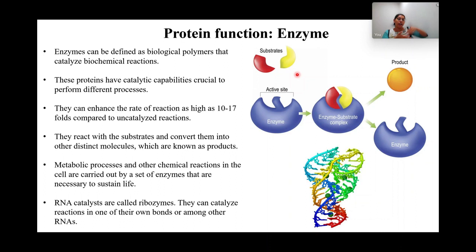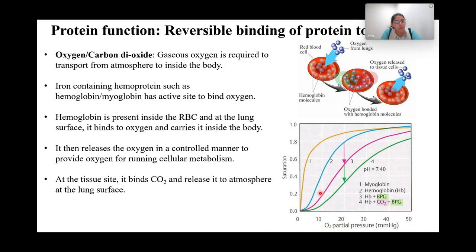Now, if you look at this graph here, this is a very important graph. First, let's just look at the first and the second lines. The first line is for myoglobin and the second line is for hemoglobin. What it says is, at what oxygen partial pressure, how much it is getting saturated with oxygen. You can see it's sigmoidal in nature.